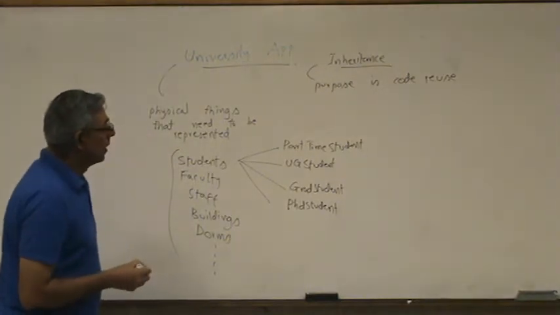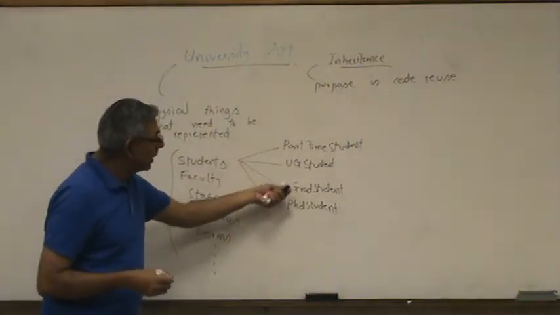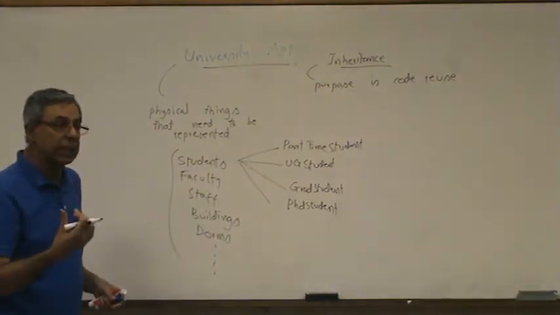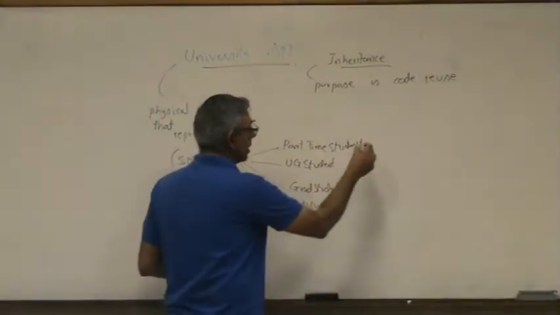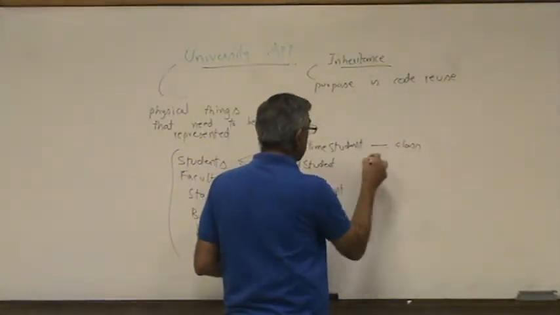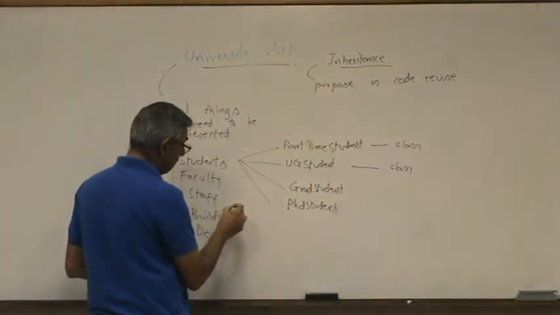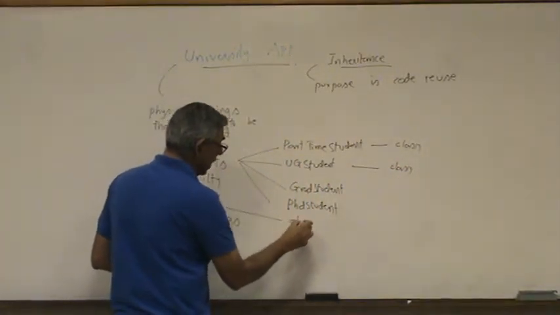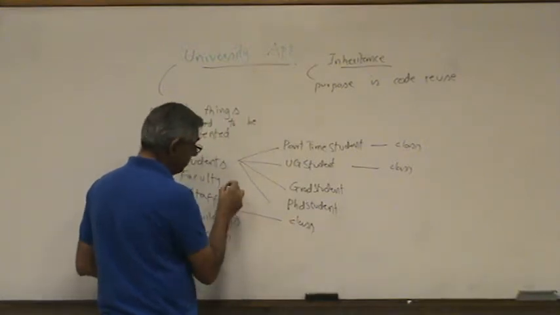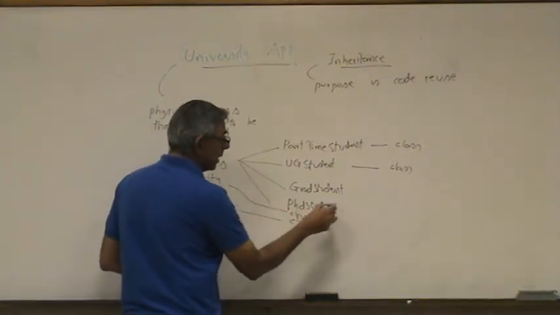Okay, so anyway, once we have identified these are the things that actually exist, then we'll start creating a class over here, we'll start creating a class over here. Same way we'll go to staff and create a class for a staff. For faculty, we'll create a class, right?